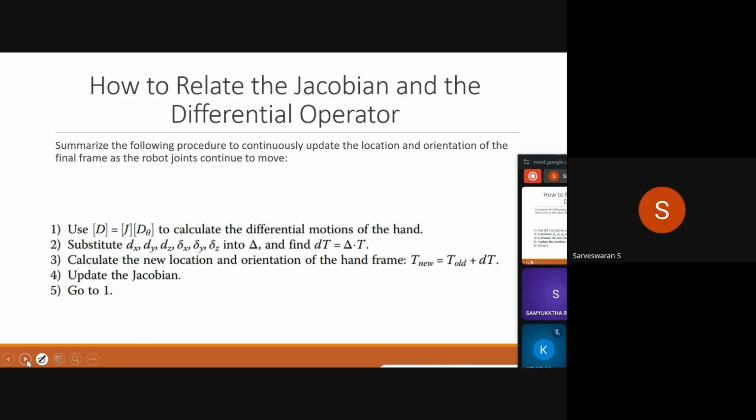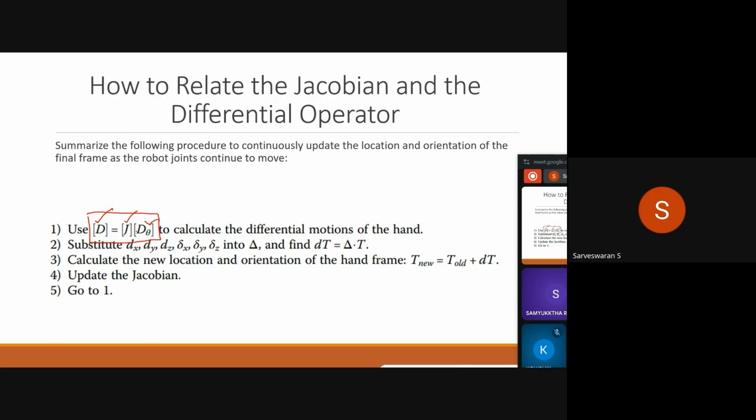So this is the relation for how to use the differential operator. D is nothing but your end effector velocity. This is the very important relation: D is your end effector velocity, J is your Jacobian, and d theta is your joint velocities.